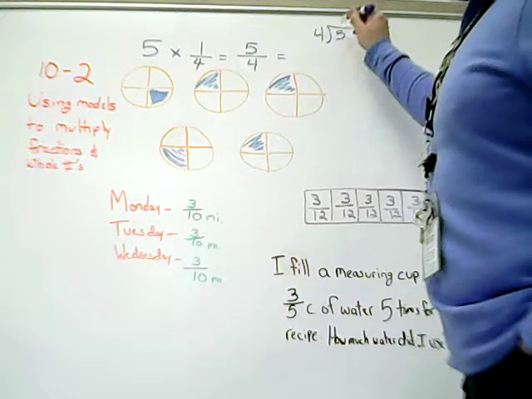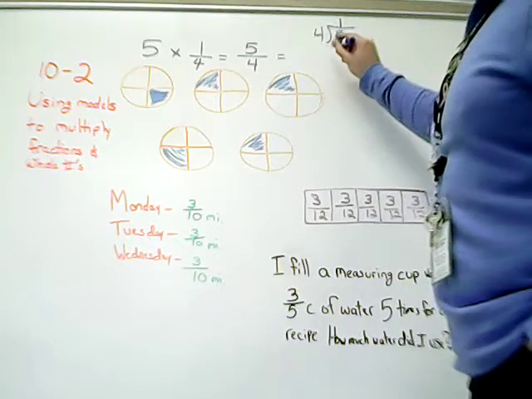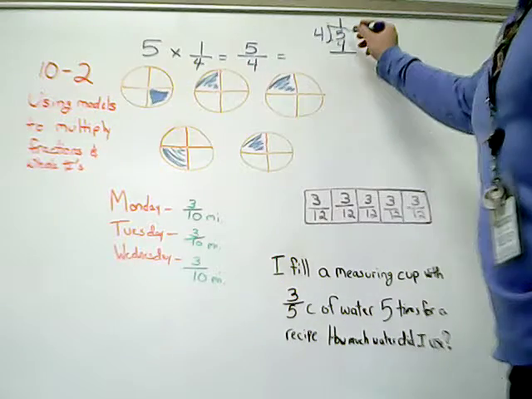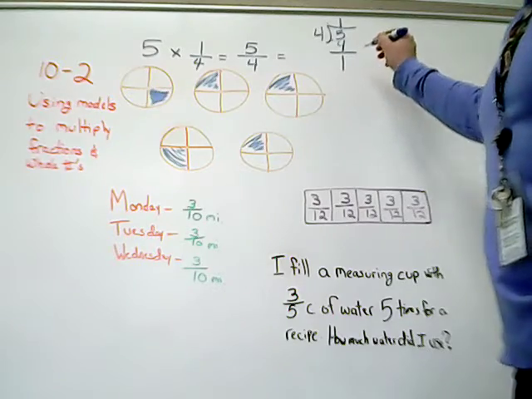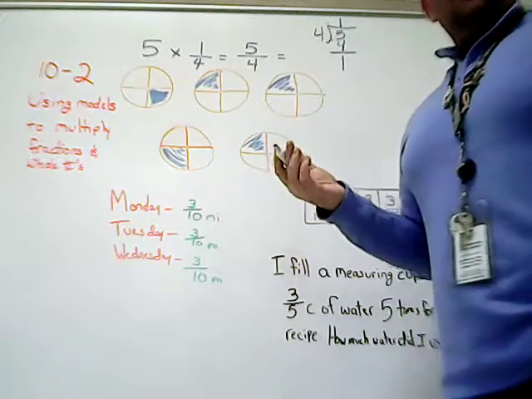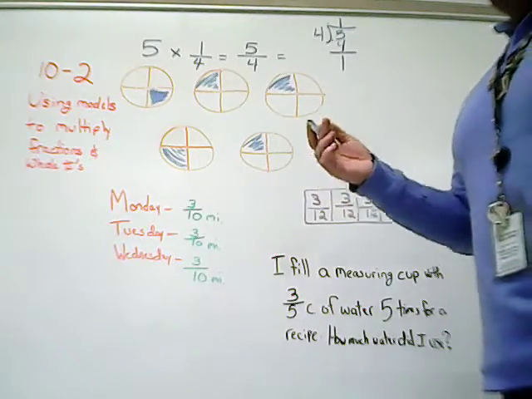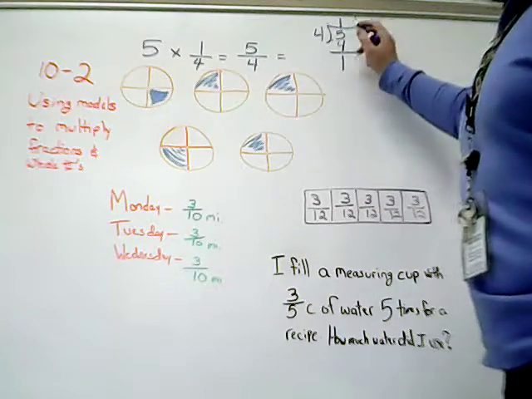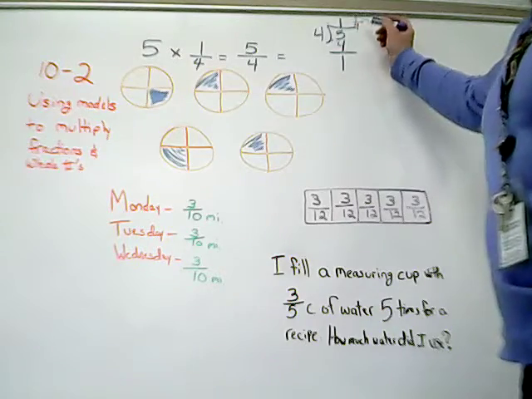And 4 goes into 5 one time. 1 times 4 is 4. Do my subtraction. 5 minus 4 is 1. And remember, to get my mixed number, I take my remainder and put it over my divisor. So my mixed number would be 1 whole and 1/4.